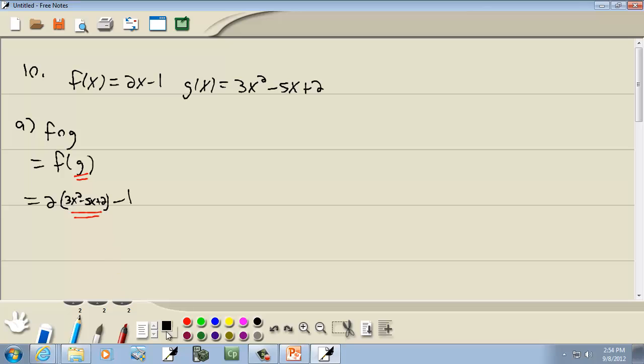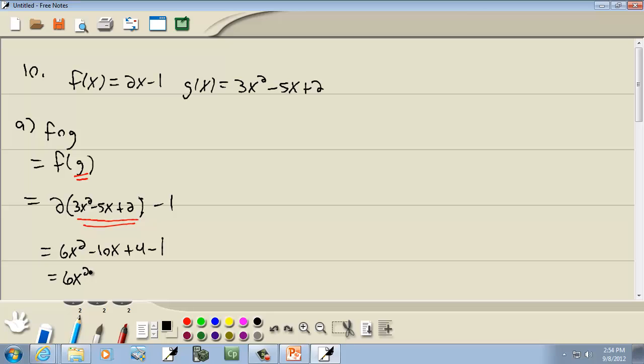So we've got 2 times that, minus 1. 2 times 3x squared gives us 6x squared. 2 times negative 5x gives us negative 10x. 2 times 2 is 4, minus 1. So that gives us 6x squared minus 10x plus 3.